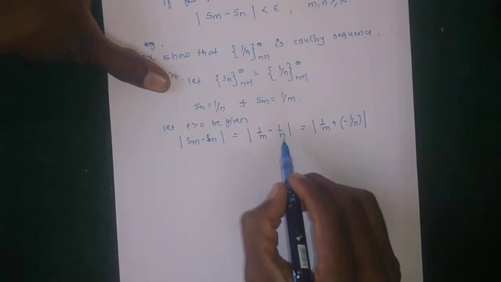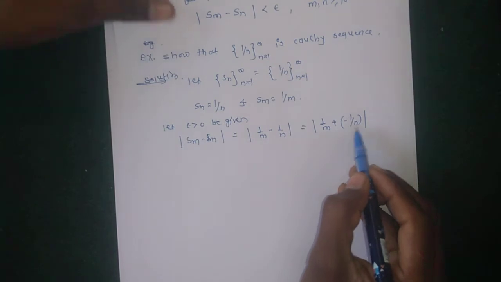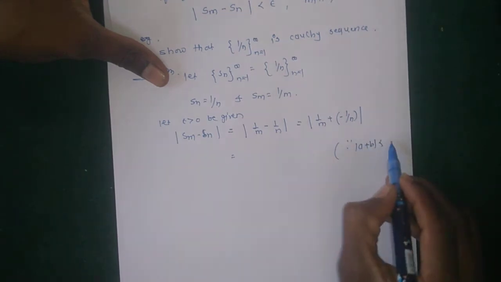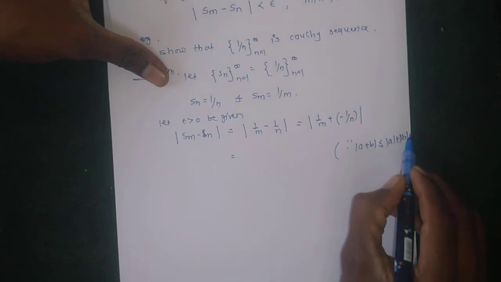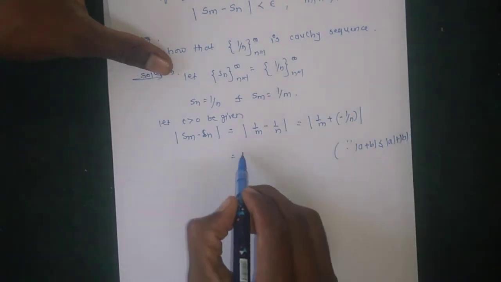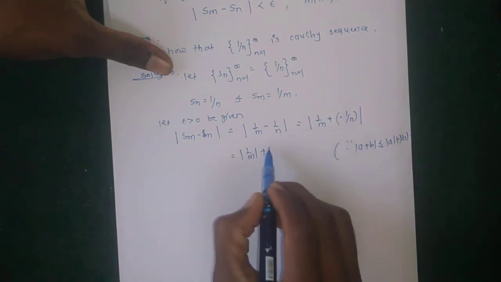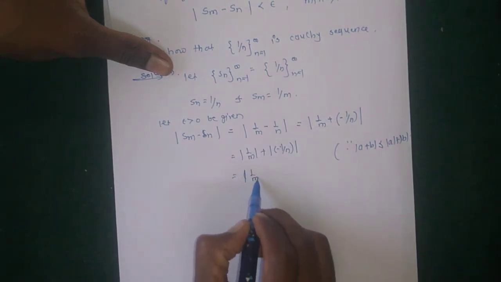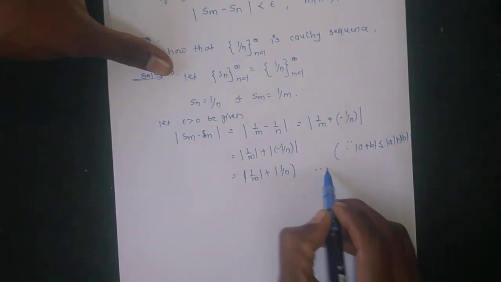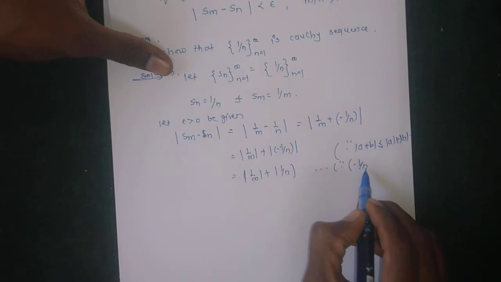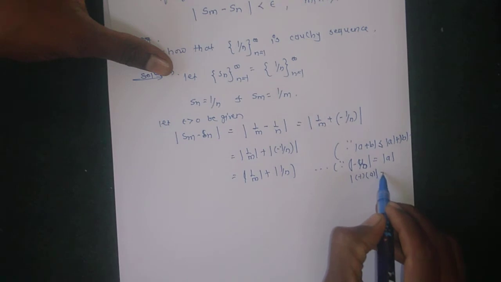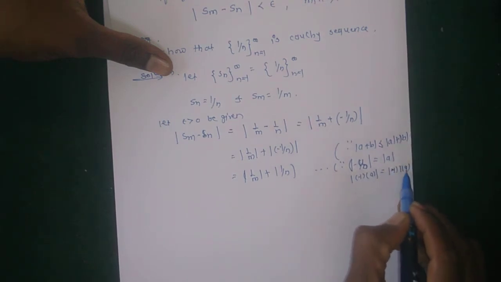Using the result mod a plus b is less than or equal to mod a plus mod b, this can be written as mod 1 upon m plus mod of minus 1 by n, and this is mod 1 upon m plus mod 1 by n, because mod of minus a is equal to mod a, which can be written as mod of minus 1 into a, and mod minus 1 into mod a is equal to mod a.